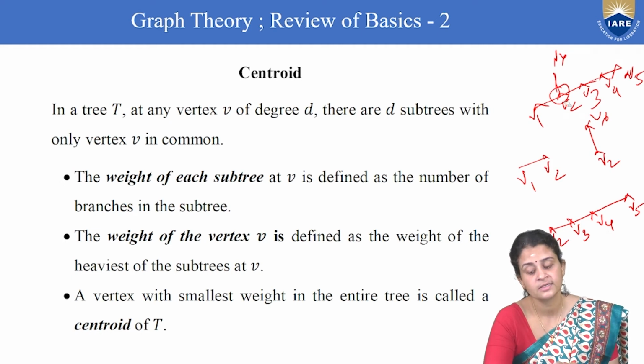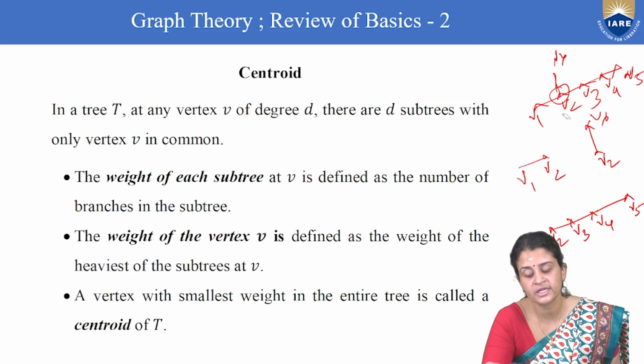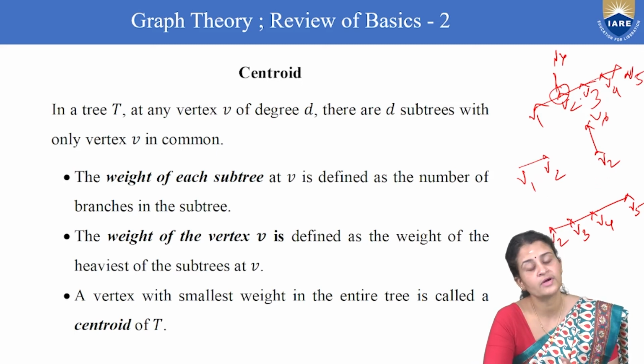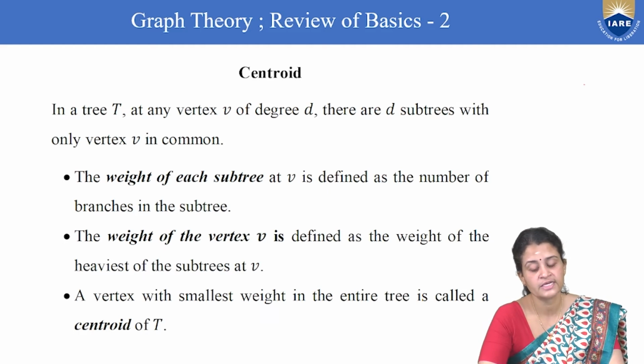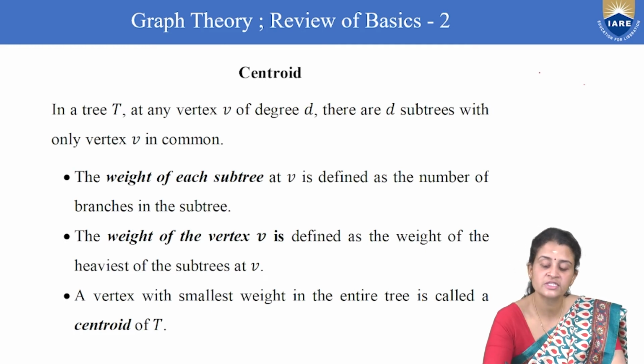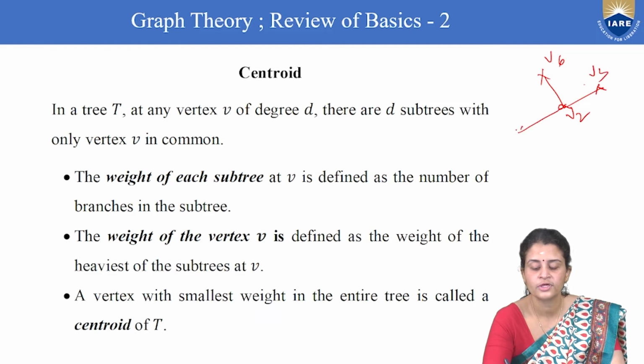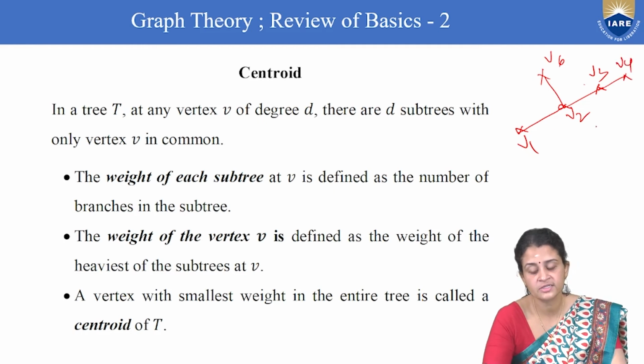With a particular vertex of degree 3, here it is V2, with V2 as common, we can divide it into 3 subtrees. The weight of each subtree at V is defined to be the number of branches in the subtree. When I am considering the division of this tree at V2, I can divide it into 3 subtrees, right?